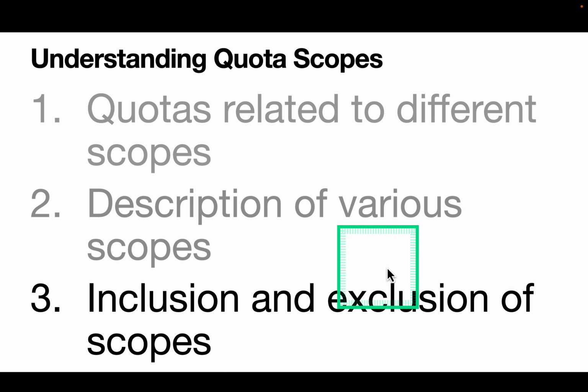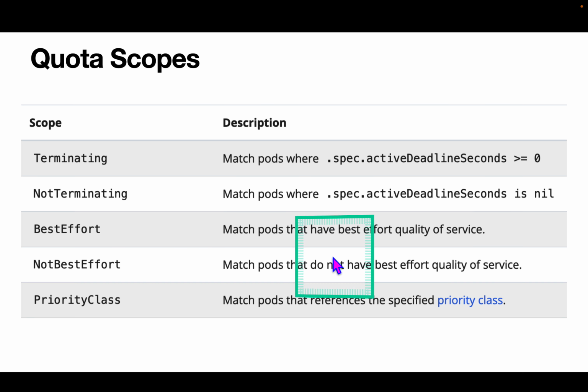A scope, when added to the quota, limits the number of resources it supports. We cannot specify both the terminating and not terminating scopes in the same quota, and likewise for the best effort and not best effort scopes.